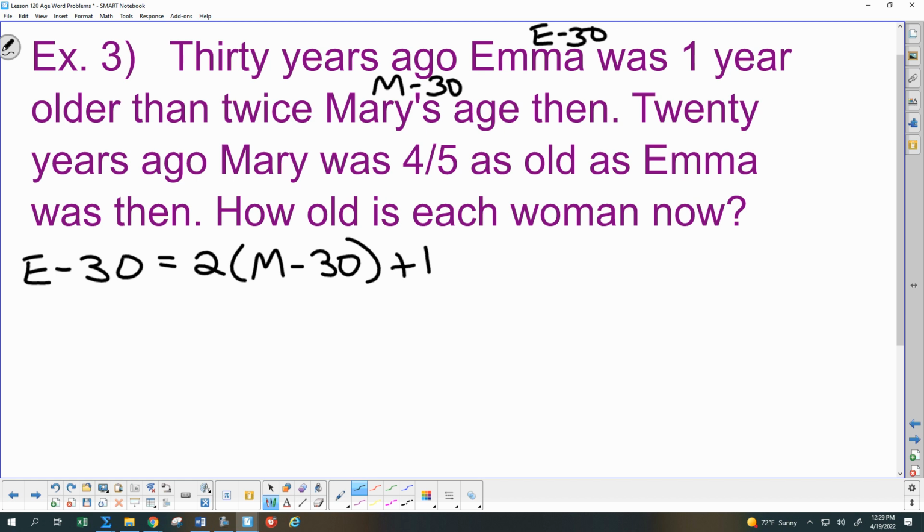Okay, then let's get our second one set up here. Now 20 years ago. So that means Mary was how much? M minus 20, and Emma was E minus 20. See if you can write down your equation for Mary, that M minus 20 was 4/5 Emma's age. And Griff, what does that one look like?